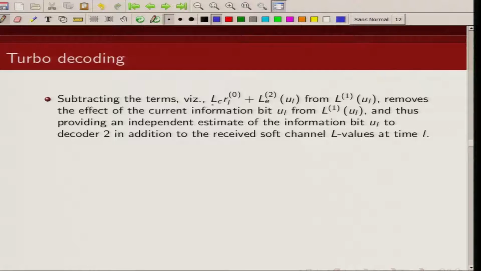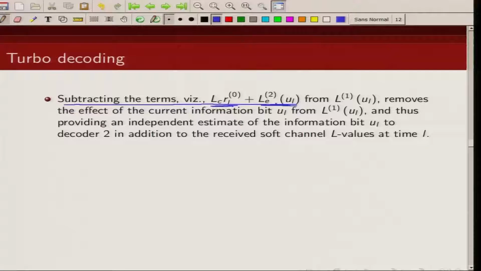So, why are we subtracting these terms, this information bit term and the a priori term? So, we essentially are trying to remove the effect of the current bit in some sense from the APP value. So, in some sense we are trying to provide some independent estimate, because this a priori information has come from the previous extrinsic information from the previous decoder.